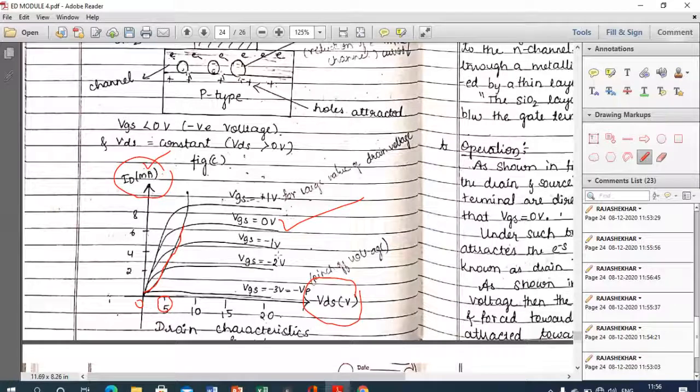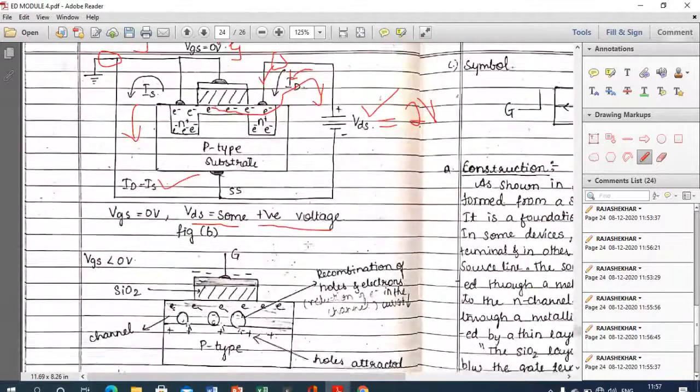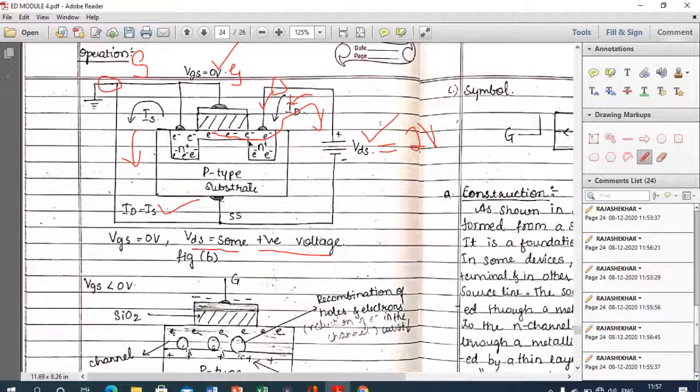At this condition, if I increase VDS beyond 5 volts, say to 10 volts, then near the channel it will create a depletion region. This path of the channel will be blocked when VDS is increased beyond the limit.